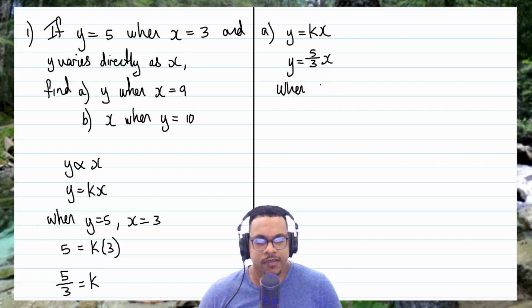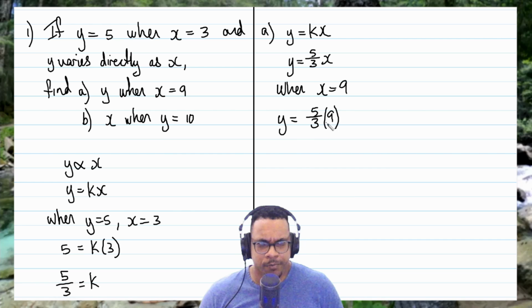So when x is equal to 9, we'll have y is equal to 5 over 3 times x, and x is 9. Now remember, this 9 is the same as 9 over 1. So this is 5 over 3 multiplied by 9 over 1.